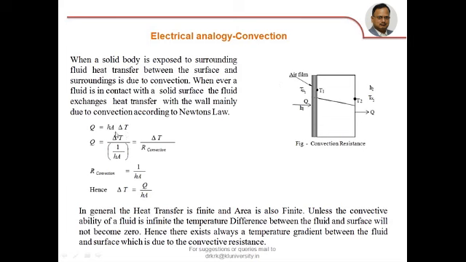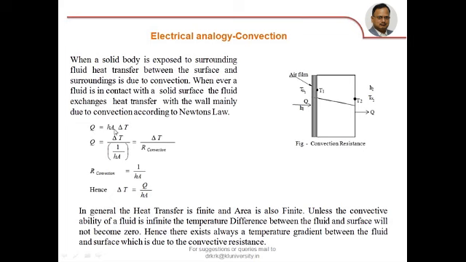And the formula is Q equal to HA delta T. If the surface temperature and surrounding temperature are equal, imagine, then delta T becomes 0 and there won't be any heat transfer. Q becomes 0. Or in other words, this delta T will become 0 only when H value tends to infinity, because delta T equal to Q by HA.